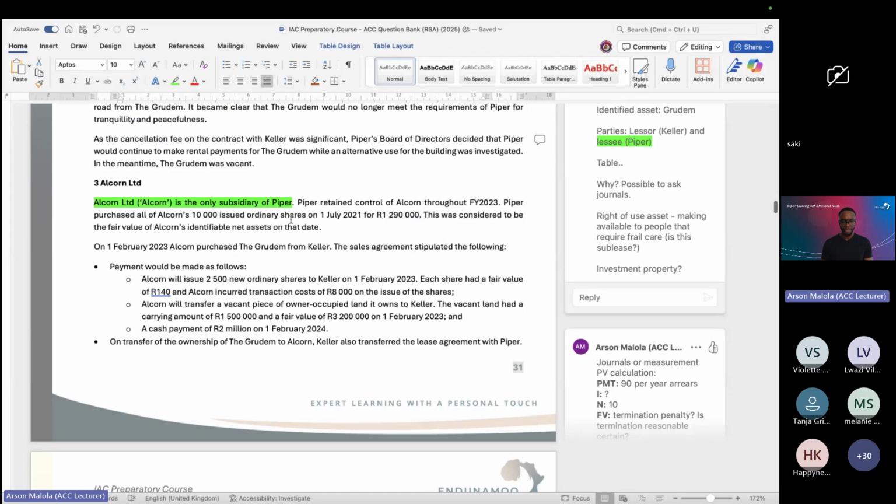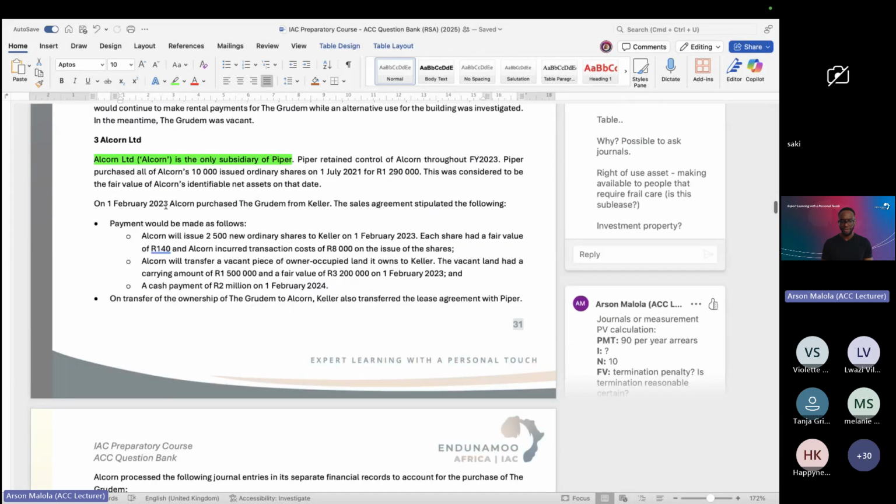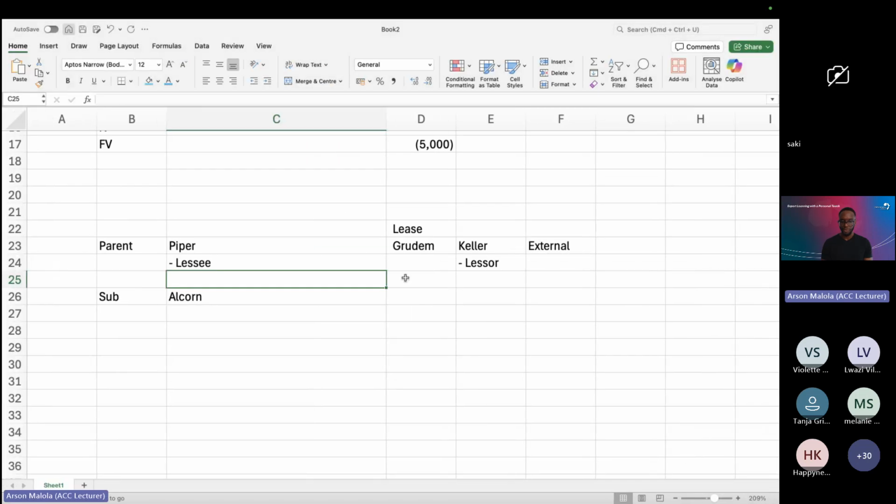So, in the current period, where are we? On the 1st of February 2023, Alcon goes and purchases the Grudem from Keller. So the Grudem now gets moved down here.